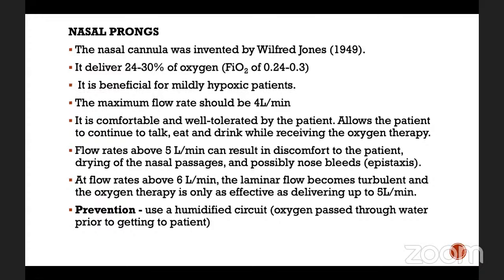Now, when we go to a flow rate of greater than 6 liters per minute, the flow moves from laminar and becomes turbulent. This can cause some dryness, and in some patients, it has been documented that they can have dryness of the nasal passage or even possibly a nosebleed. This we can prevent by giving them humidified oxygen.